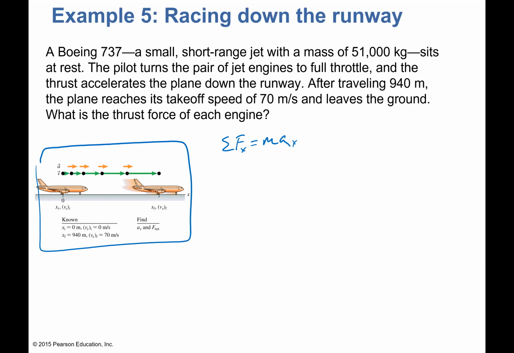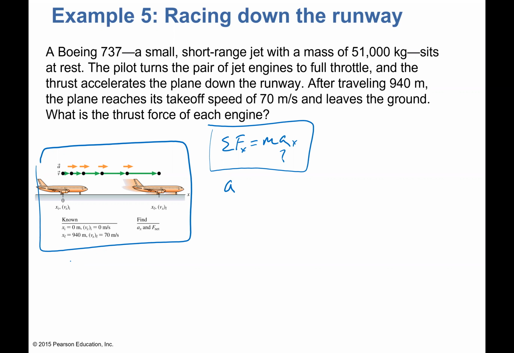The problem here is that we're not given the acceleration, so I don't know what a is, and I have just one equation for the net force. What are we going to do? You have one equation for the net force, which is net force equals mass times acceleration, but you have a number of equations to find the acceleration using the kinematic equations.